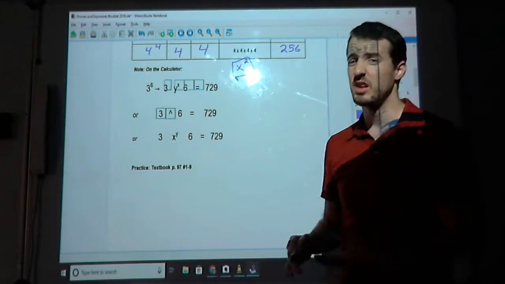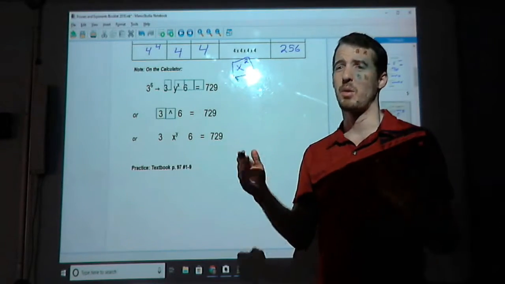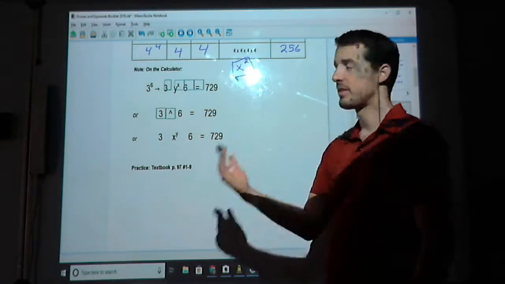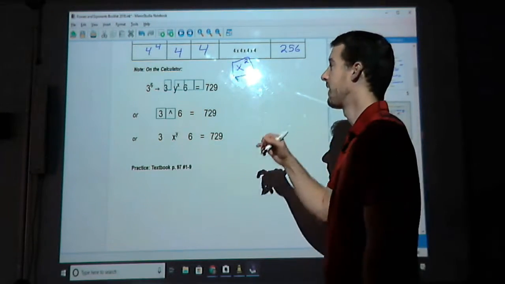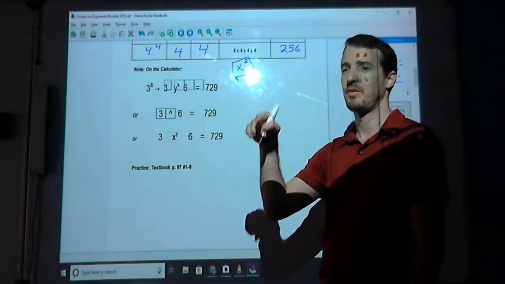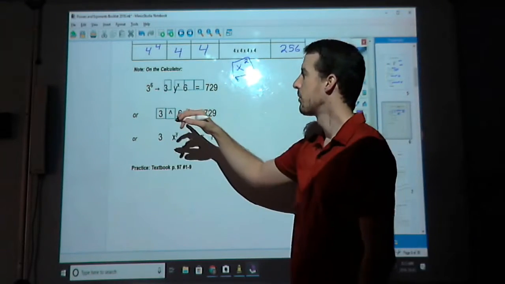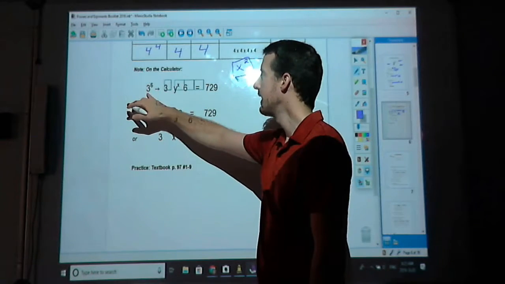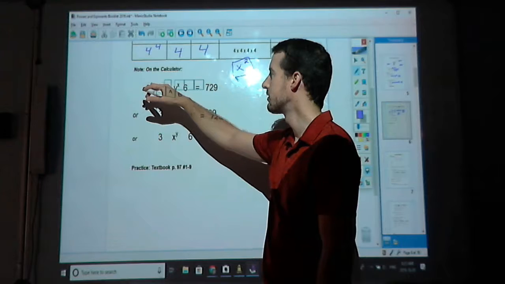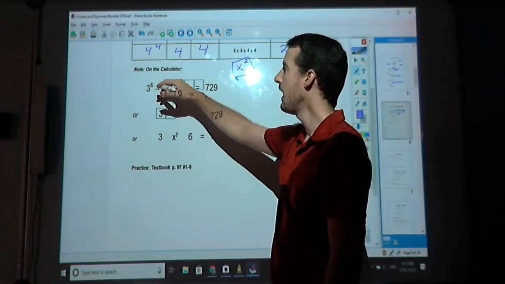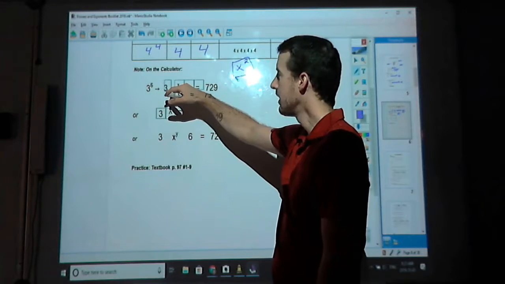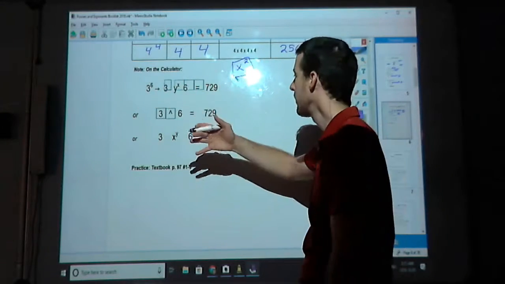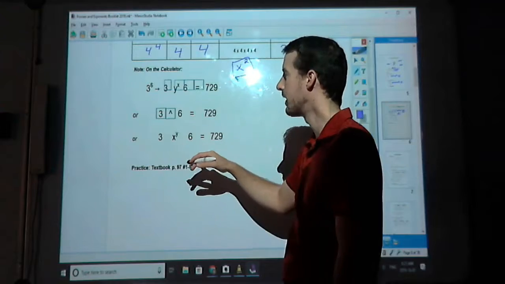But we're going to be looking at a lot of numbers that aren't squared, like to the powers of 10 or 16 potentially. We want an easier way than multiplying 4 times 4 times 4 16 times. One form of calculator might look like, if we're doing 3 to the power of 6, you would punch 3. There's a little one that says y to the power of x. You would hit that button, then 6 being your exponent, and that should punch out your number.